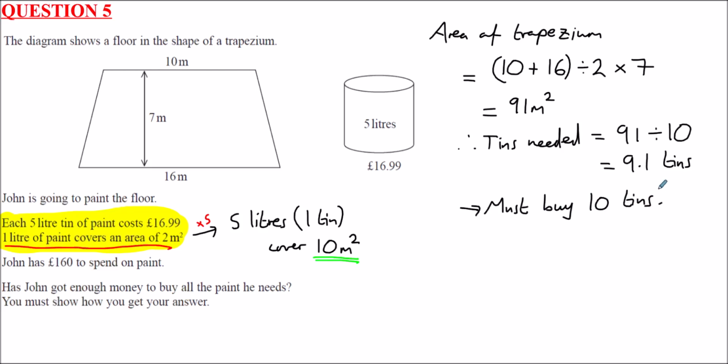So how much will that cost him? Well, each tin costs £16.99. So the cost of this will be 10 multiplied by £16.99 for 1 tin, and that's going to go to £169.90.